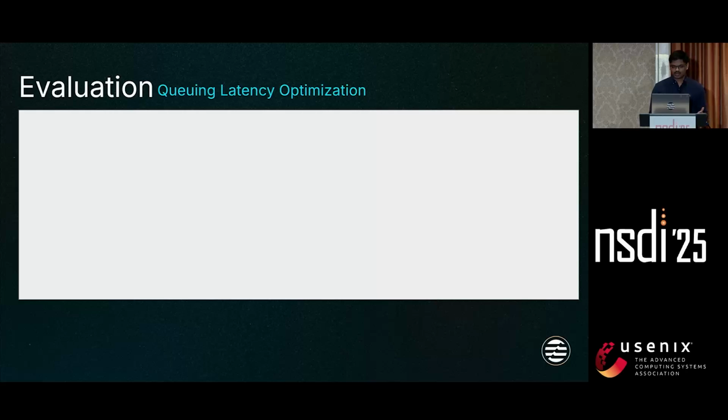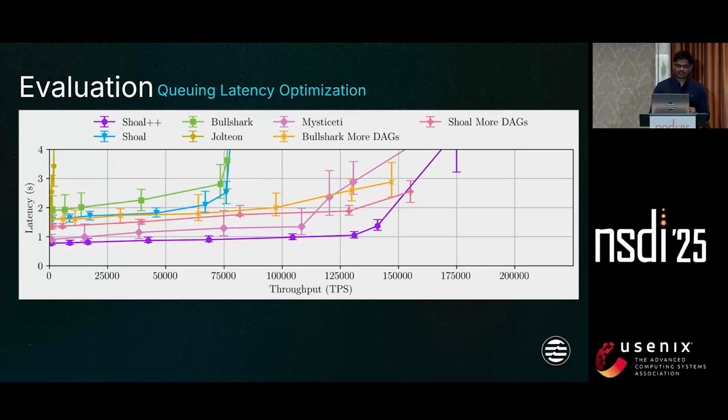And you might be wondering, with all the queuing optimizations, how did Shoal++ get faster in terms of throughput? And this has to do with our 3 DAG optimization. So instead of producing one node every 3 message delays, we are now producing much smaller nodes every 1 message delay, making better use of our network resources.